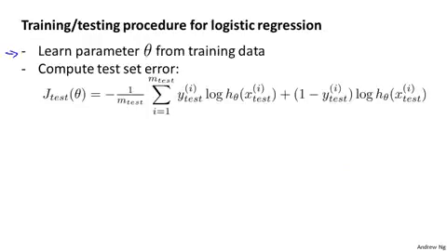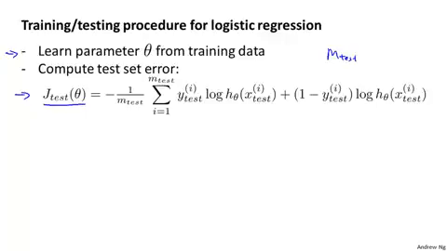First we will learn the parameters from the training data, that first 70% of the data, and then we will compute the test error as follows. It's the same objective function as we always use for logistic regression, except that now it's defined using our M subscript test examples.